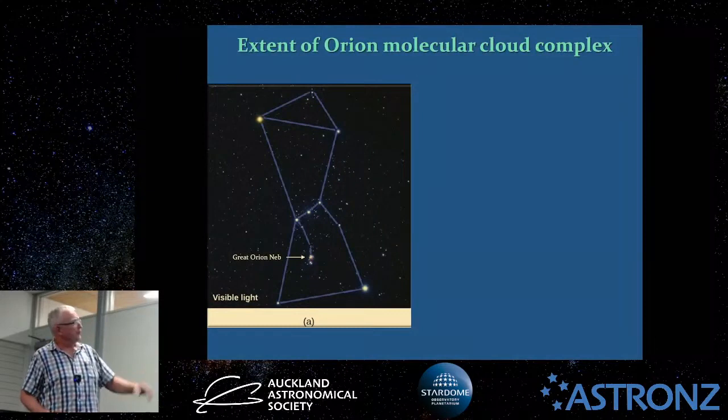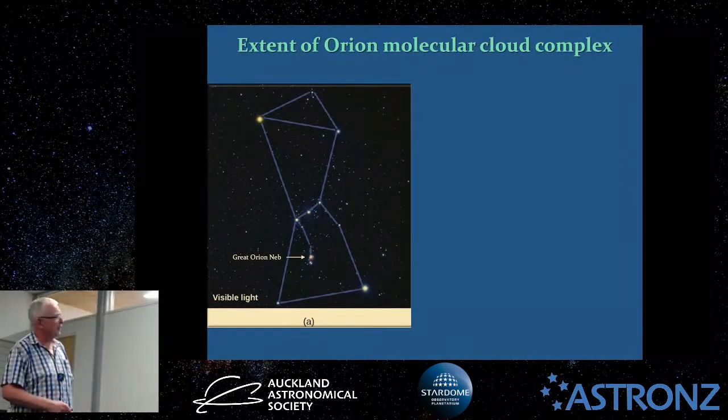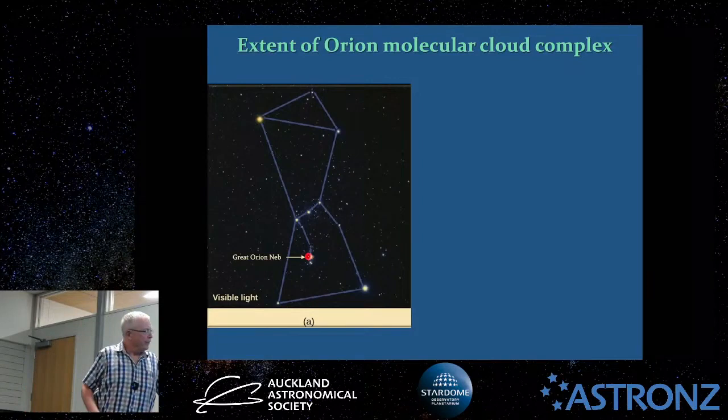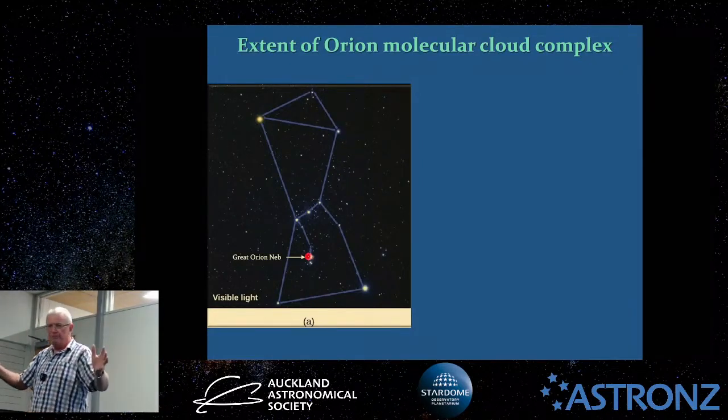So that's what characterises these giant molecular clouds, and this is where all star formation starts. Just to show you further how much these molecular clouds extend, you probably recognise this constellation here. It's upside down as far as we're concerned, but obviously this is from the northern hemisphere. This is the constellation Orion. See Orion's belt? There's Orion's sword hanging down, but for us that is the handle of the sword. There's Rigel there, and there's Betelgeuse up there. So this point of light here that we just see as a bright star, that's the Great Orion Nebula, and that's a star formation region in the sky, but to us it just looks like a spot.